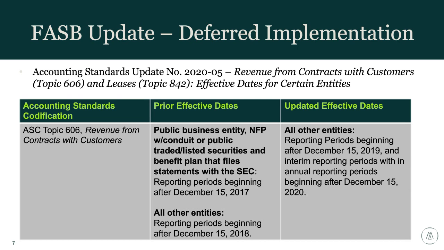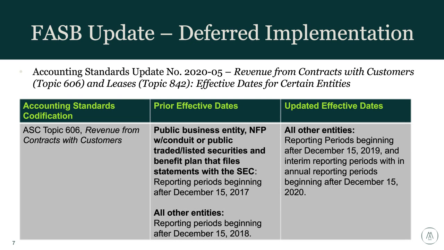As far as FASB goes, there was the Accounting Standards Update number 2020-05 that was just recently issued, and that is delaying the effective dates for Topic 606, which is your revenue from contracts with customers, or also known as the Revenue Recognition Standard, as well as the lease standard, which is Topic 842.